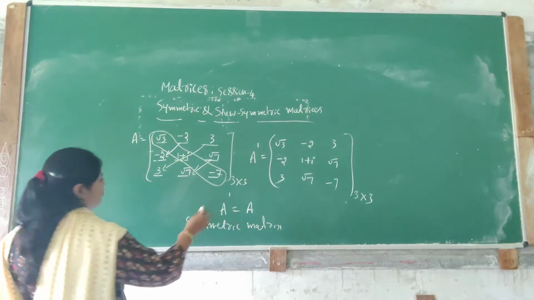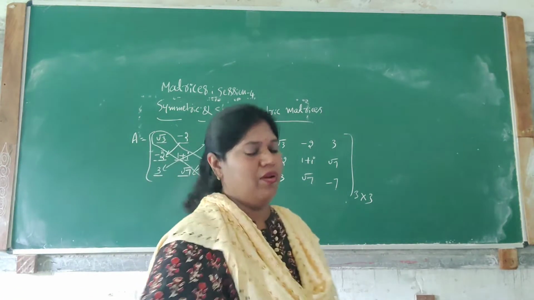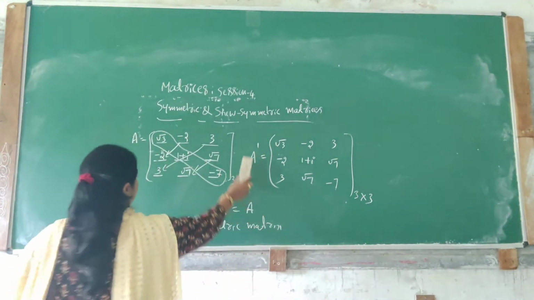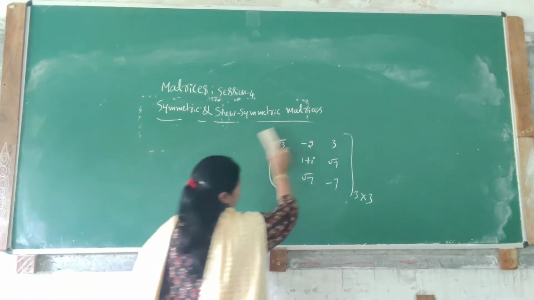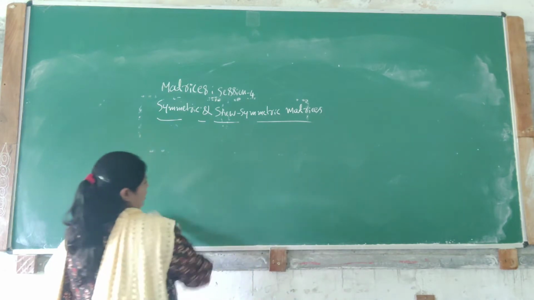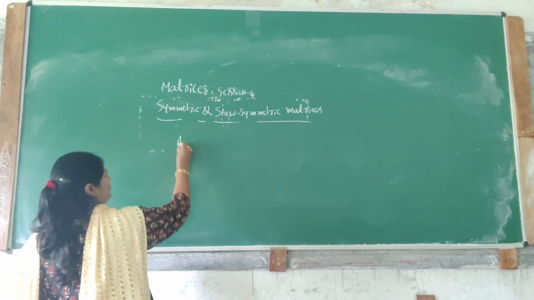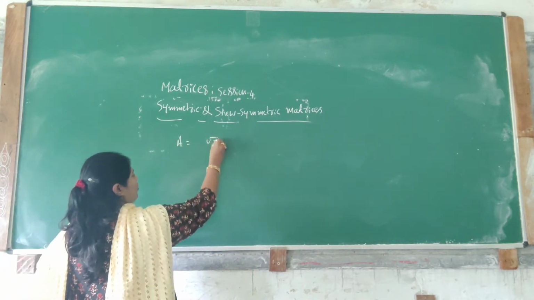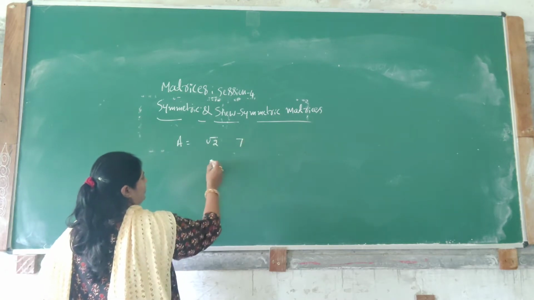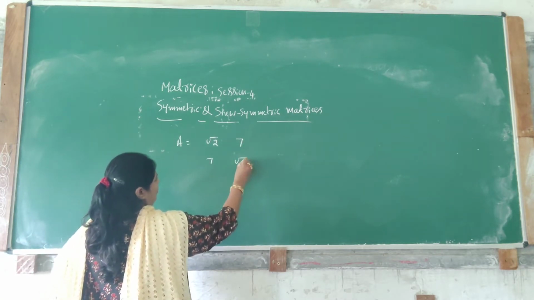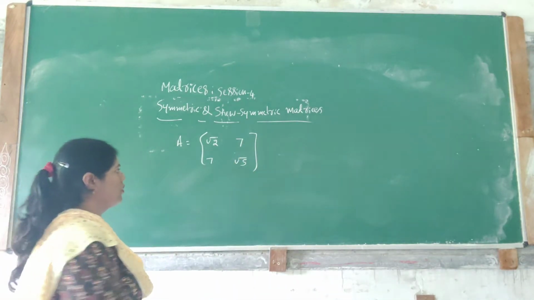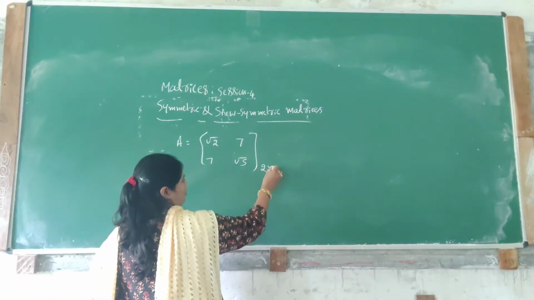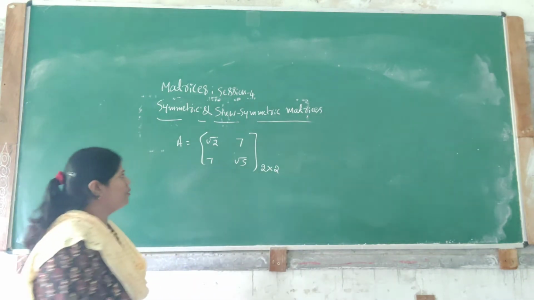For example, next example. A is equal to root 2, 7, 7, 5. So, what is the order of the matrix? The order of the matrix is 2 cross 2. What are the diagonal elements here?